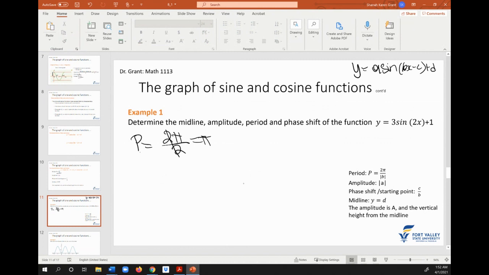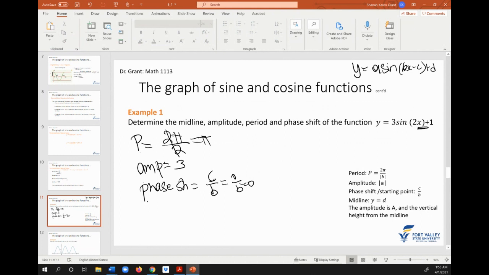The amplitude is going to be the absolute value of a, which is 3. Your phase shift is going to be equal to c divided by b. But notice that there is no c. So that tells me it's going to be 0 divided by b, which is 0.